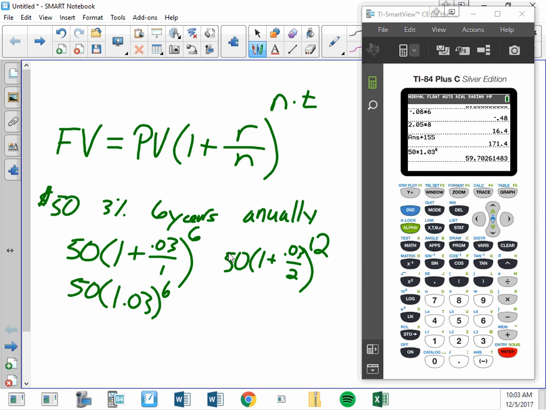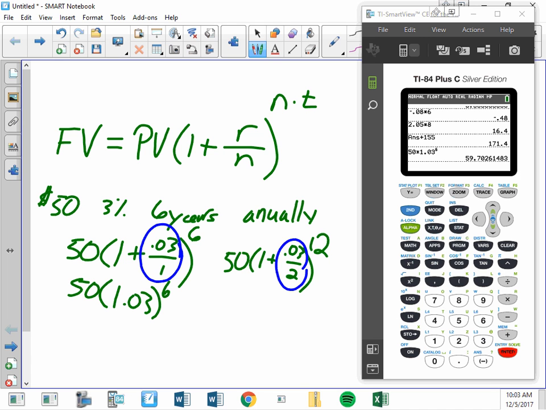The way this is working is, instead of 3% once a year for 6 years, we are going to get 1.5% 12 times, which is every 6 months. Does that make sense? That's what the formula is doing.